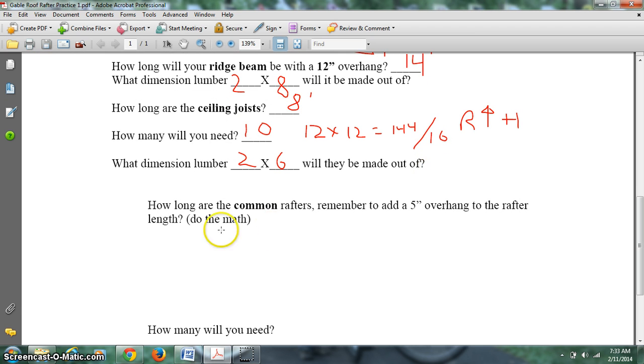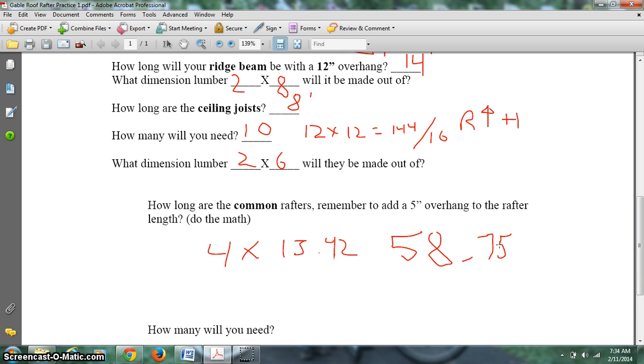So we take 4 for our run, multiplied by 13.42, and what do we get? We end up with an answer of approximately 58.75.